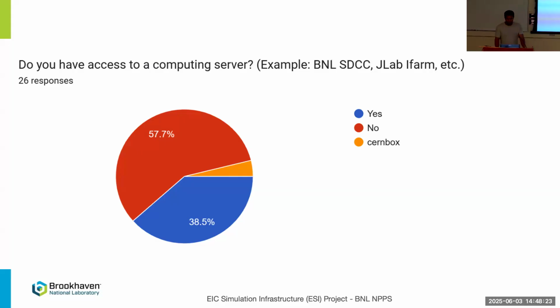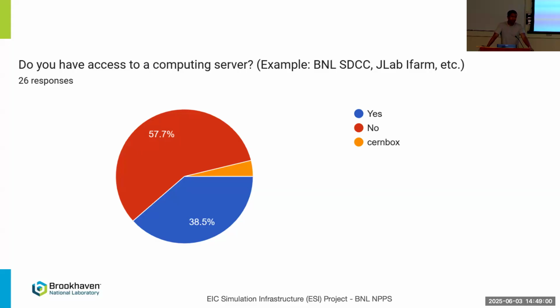So one thing I would say is that if you're affiliated with a US institution and you plan to continue working on EIC related stuff, I would strongly advise you to get an account at either BNL or Jefferson Lab. It does take a while for that request to process, so get started on that as soon as you can, because you have to fill out a guest registration form, and it takes about a month, maybe a little bit more.